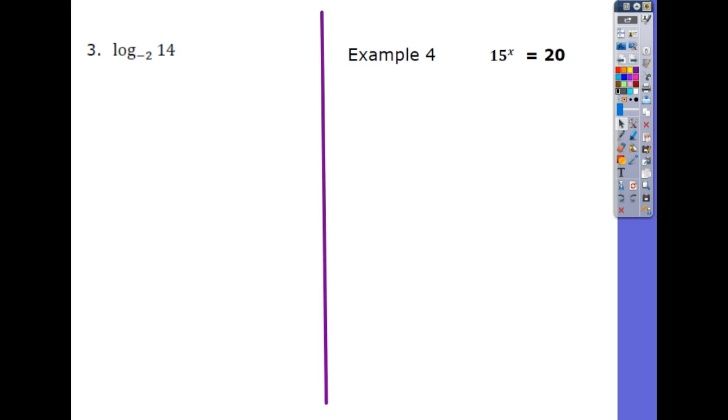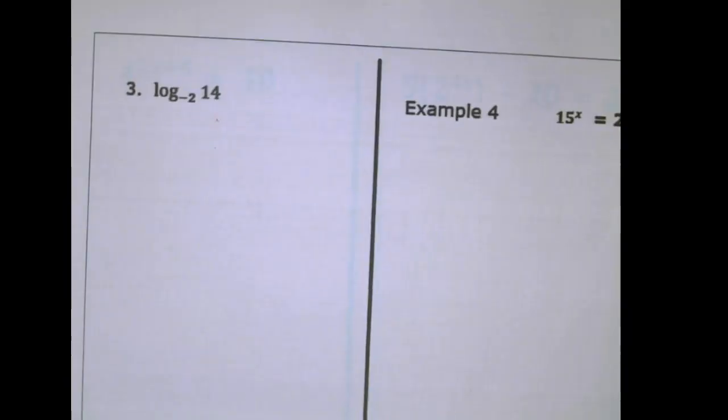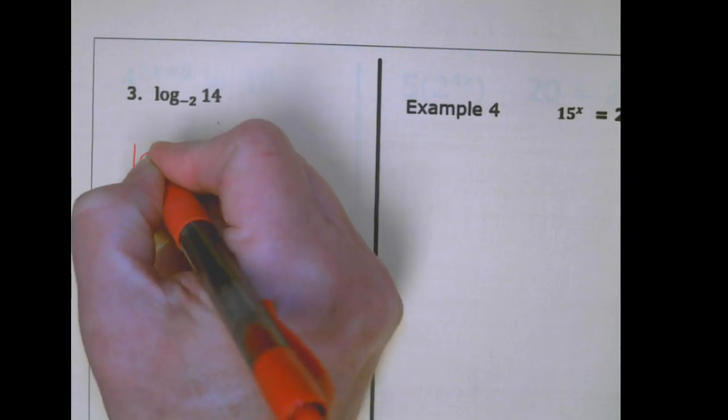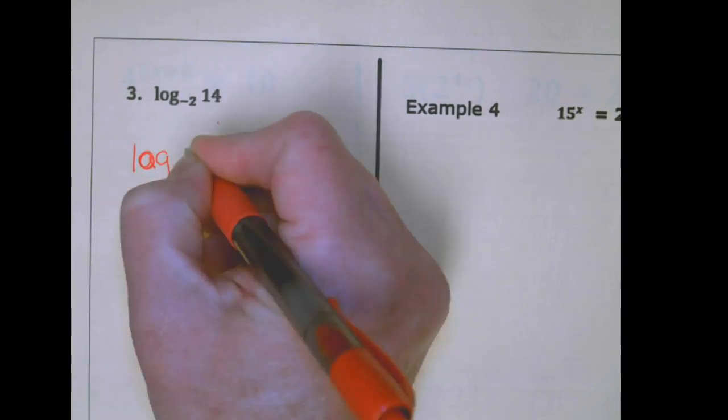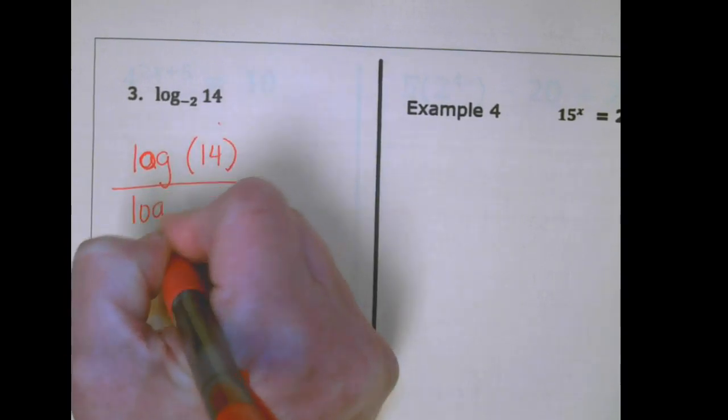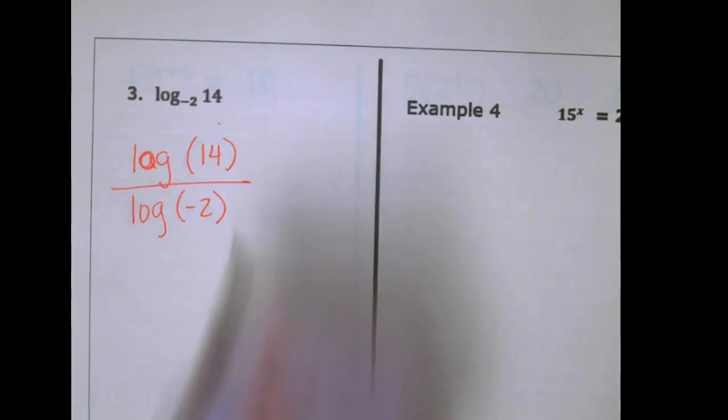So, I am going to use my calculator to calculate the answer here on this problem. The way the change of base formula works is the log base 10 of the big number divided by log base 10 of the negative 2 number.